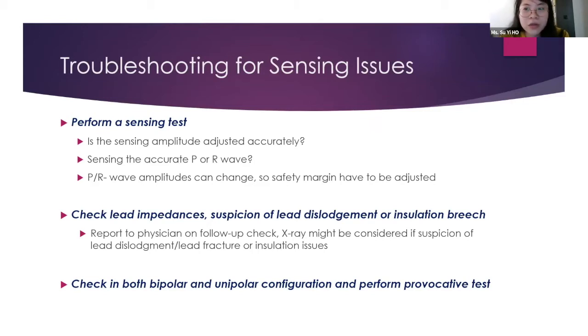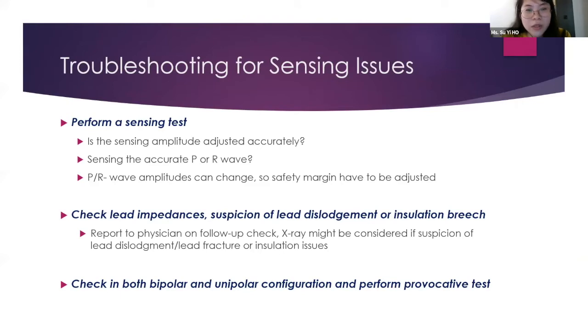We need to identify the cause in order to apply the correct method when troubleshooting. It can be as simple as adjusting the parameters such as sensing amplitude or blanking period, or in severe cases, the issue is not with the parameters, but could be due to lead fracture or dislodgement.